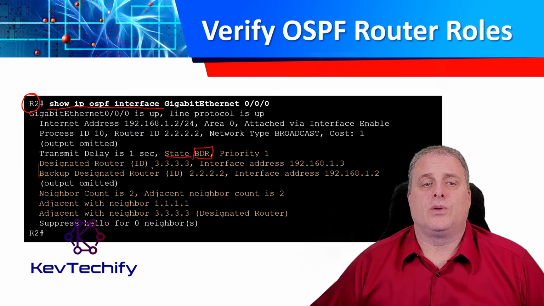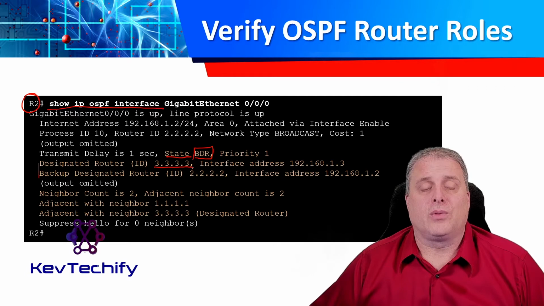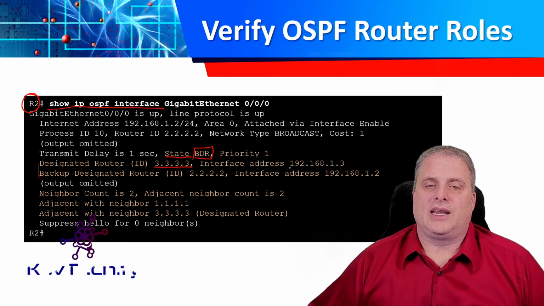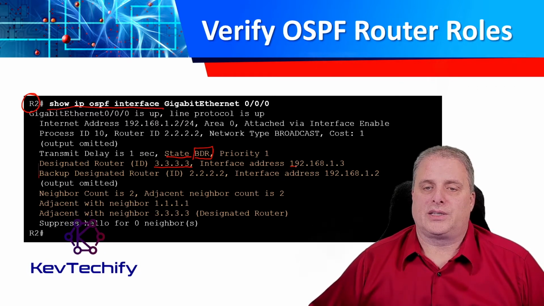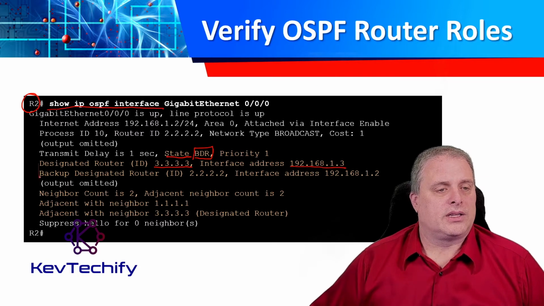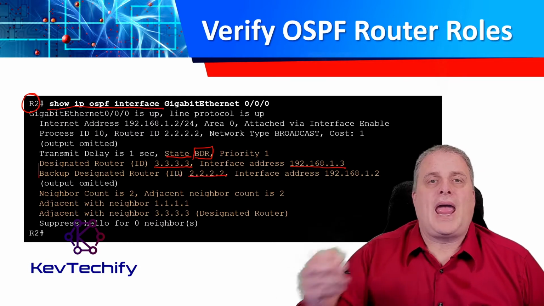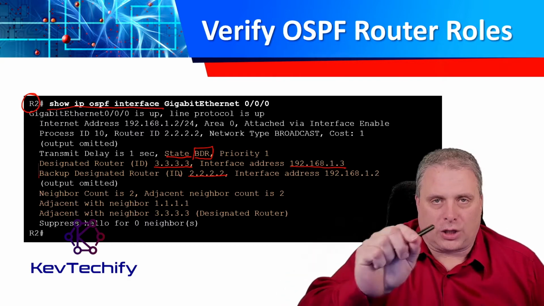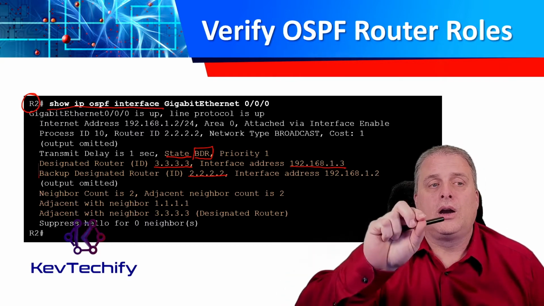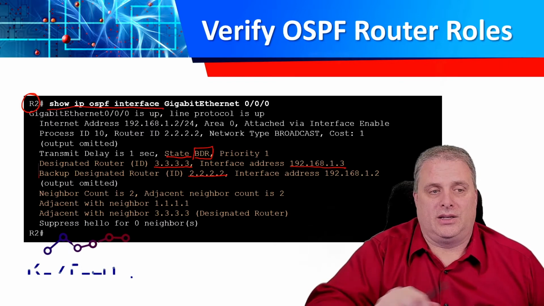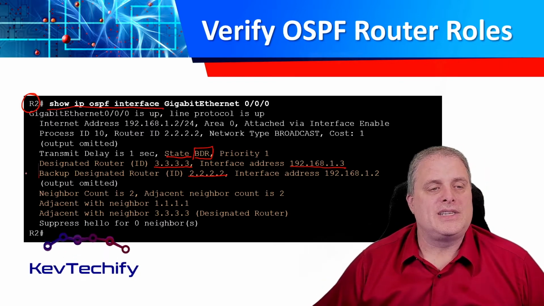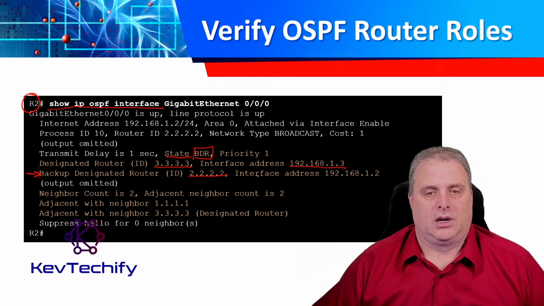Designated router, once again, was the highest router ID, 3.3.3.3. That was on R3. And then it gives us the IP address of the interface on R3. Then it lists our backup designated router, which was 2.2.2.2, which happens to be the current router, router 2, our router ID. And so right here, we are listing ourselves.